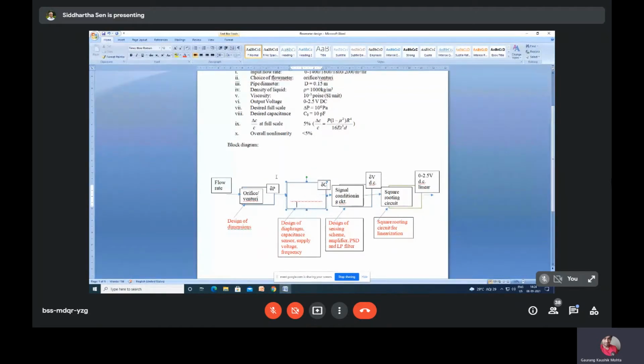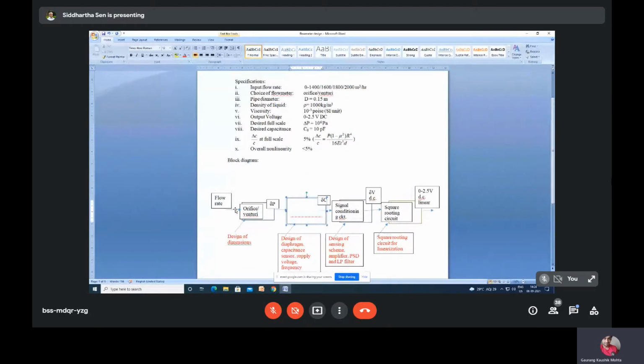That means in this case, the design of the orifice or venturi, the flow rate is given, and the delta P should be around 10 to the power 6 pascals. Similarly, the C0 is this one, and it is around 5%. And similarly, for each block, what is the input variation and what is the output variation?